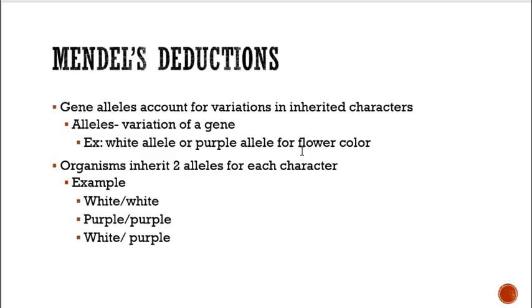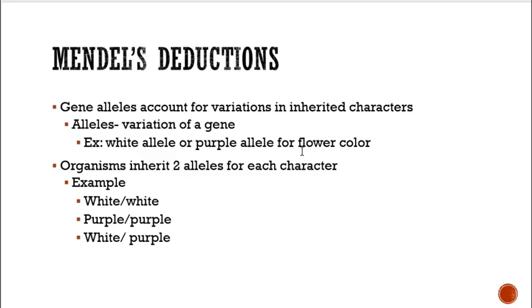From Mendel, we can now make some deductions that Mendel didn't quite know about during this time, because once again, he didn't know about DNA and how information was passed on. But today we can trace that character to a gene on the DNA strand.